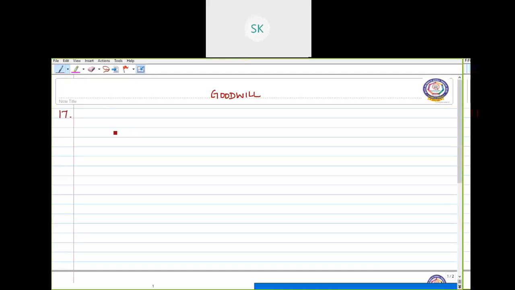Now, first we will find the average profit. To find the average profit, we need to first adjust it, isn't it? So the profit given in rupees, then the adjustment given in the question, then the normal profit.